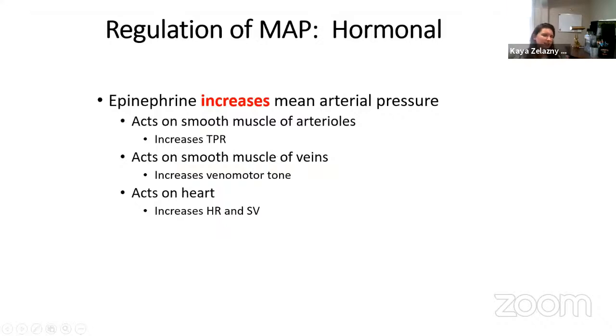Epinephrine is still kind of acting on the short term, right? We know that epinephrine is released by the adrenal medulla in response to sympathetic activity. So those things are very linked in our minds, hopefully. Sympathetic activity and epinephrine and the adrenal glands, right? So epinephrine is basically going to have the same effects that we saw when we were just tracing the sympathetics.